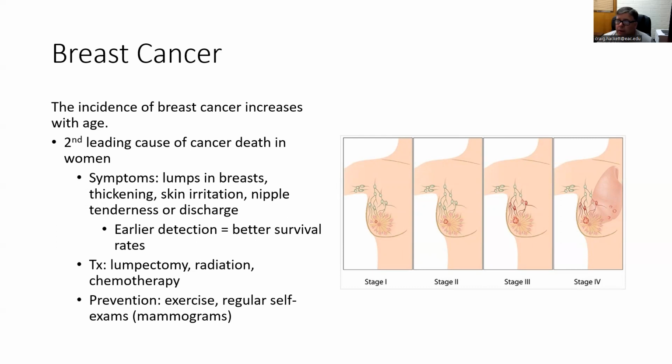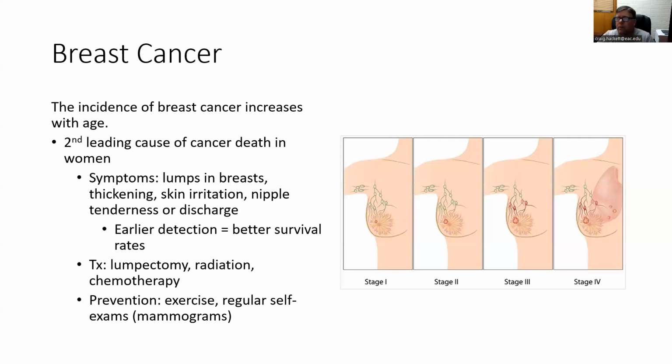So there are some ways to detect this early and the earlier the better. So self-exams are really, really important, and mammographies, mammograms. Depending on the doctor and how old you are will depend on how often you should get a mammogram. It used to be 40, and then they changed the age to 50. Now they're back to 40 again.